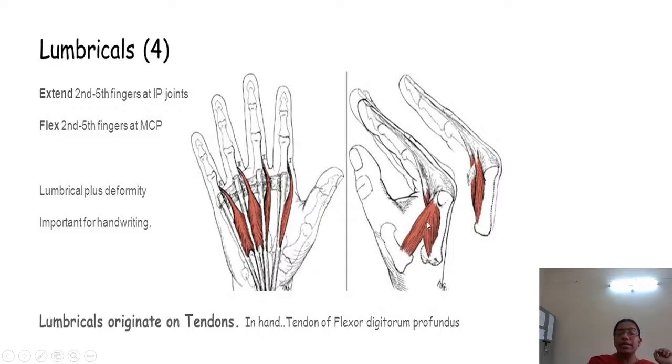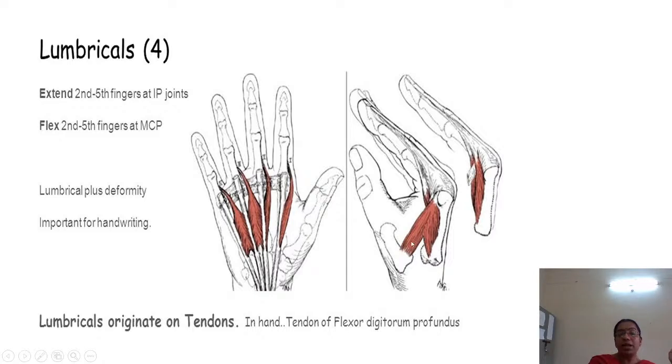So when you see it, the action is they flex the second to fifth metacarpophalangeal joints. At the metacarpals they do flexion, and they do extension at the interphalangeal joints, because the origin is from here, and the insertion is there. So at the insertion part, the function is extension.